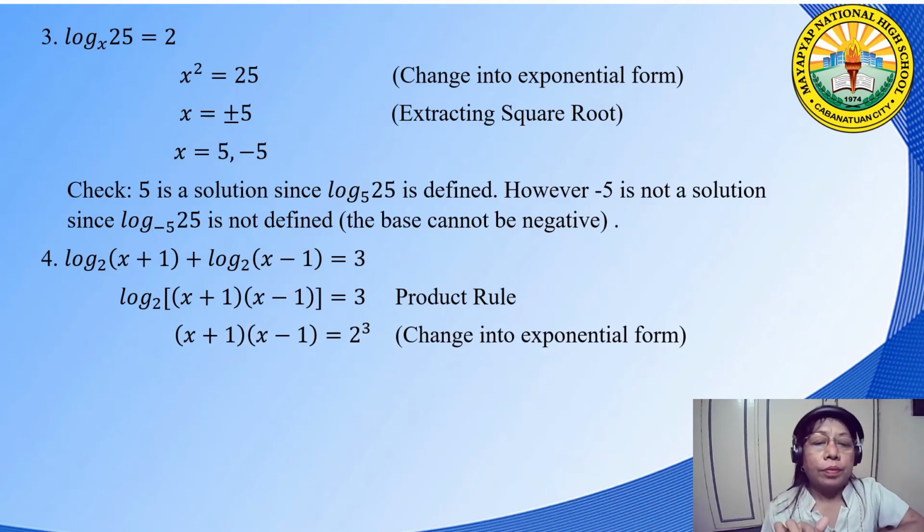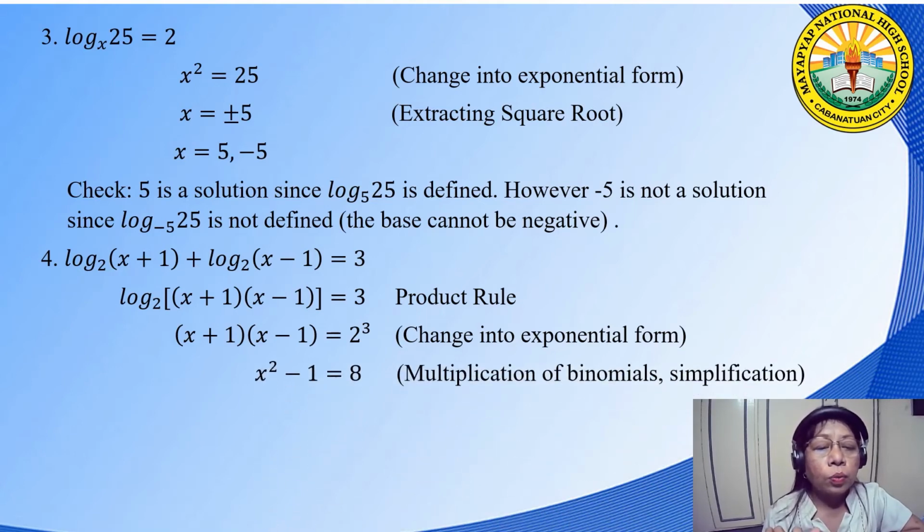Then change in exponential form. So the power is quantity x plus 1 times quantity x minus 1 equals base 2, then the exponent is 3. So we have to expand or find the product of the sum and difference of x and 1.